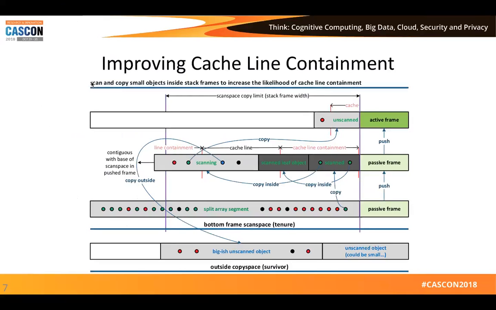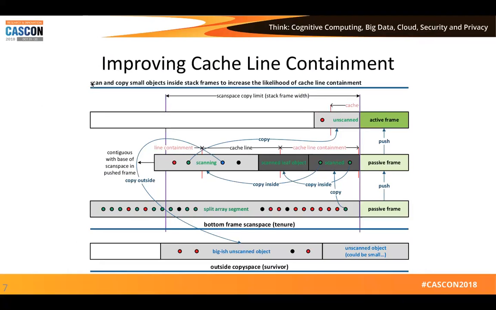And the rule is that you can copy within the scan space until your copy head touches or passes the frame boundary. After that, you can't copy anymore. So at that point, what do you do for the slots between the scan head and the copy head? Well, you have to push them up the stack.